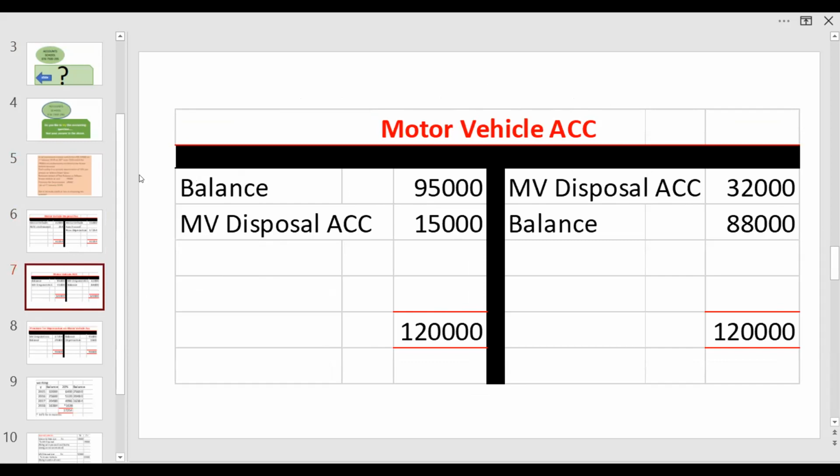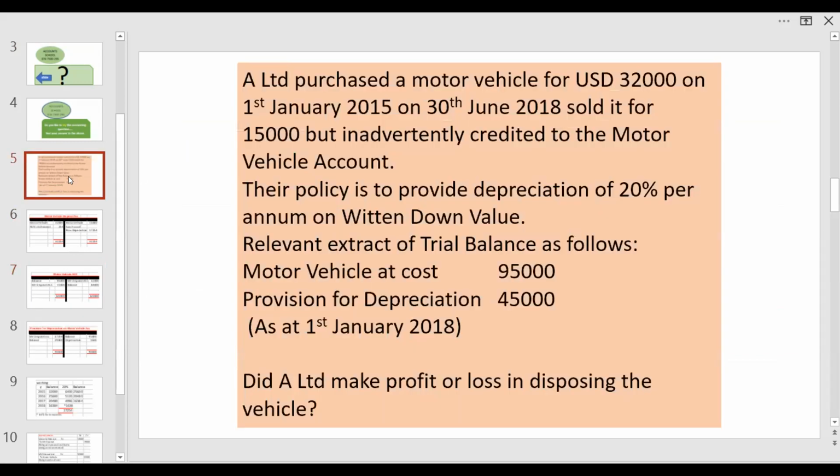Now we go back to the question where they say the company has a policy of providing 20% on written down value. We'll have to mark this word, because what is written down value? It is a type, the way we calculate depreciation of an asset. There are other methods also, as you all know.